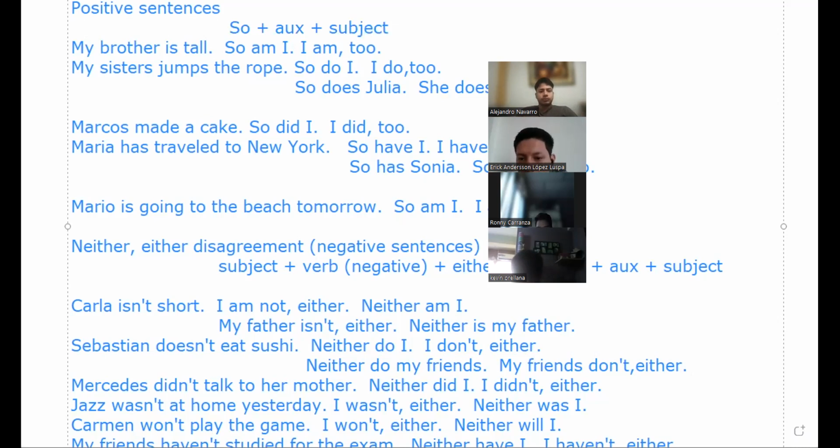And when you use too, it is subject plus auxiliary plus too. When you use too, you need a comma. Any other question?